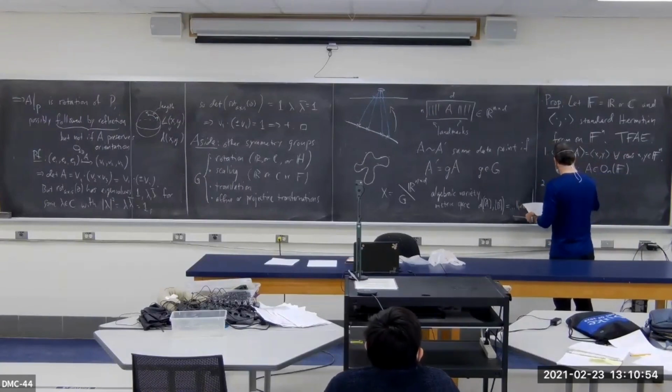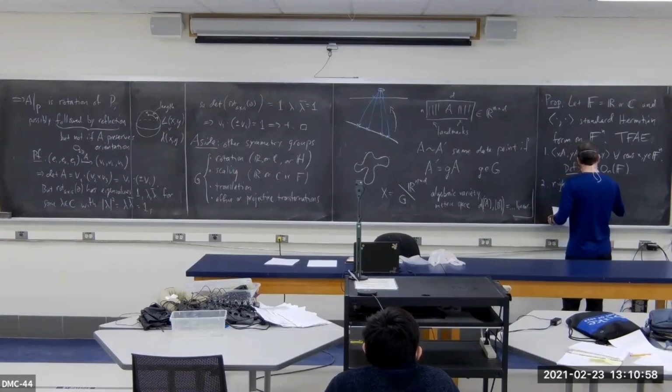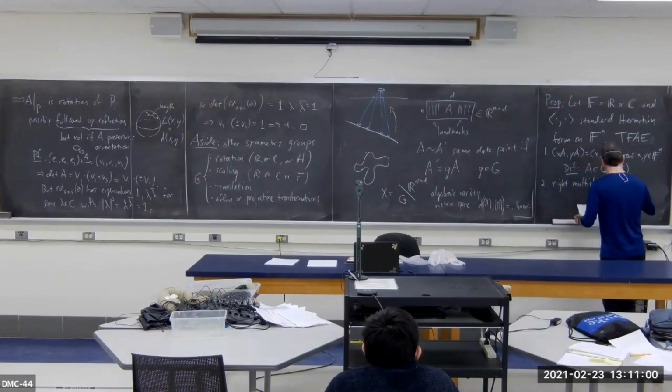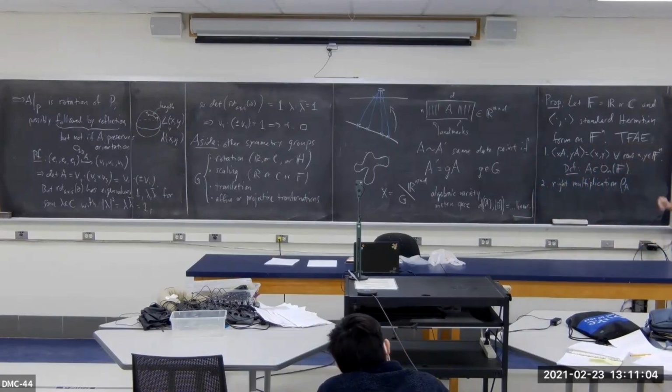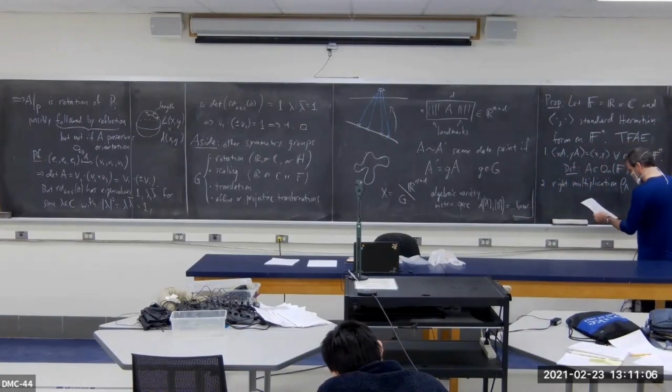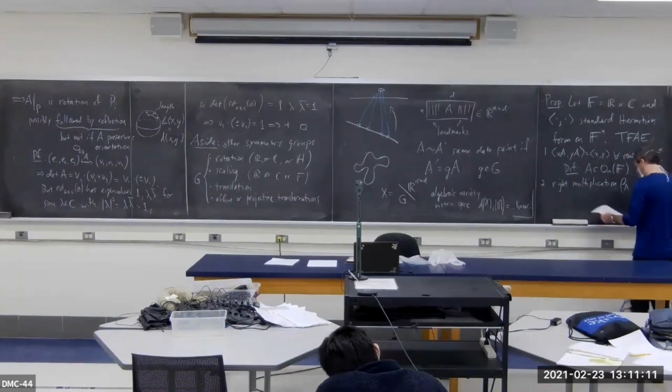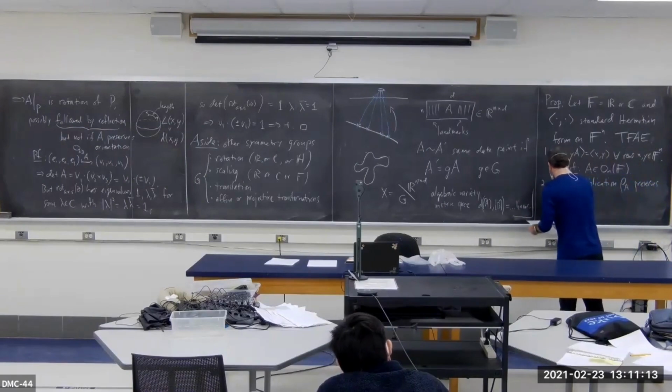Right multiplication rho sub A, the rho stands for right, the Greek letter R, preserves orthonormal bases.